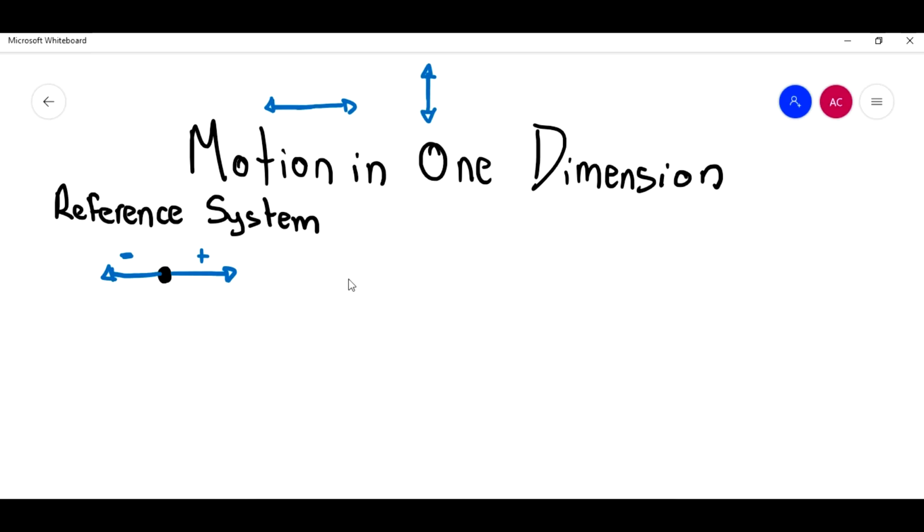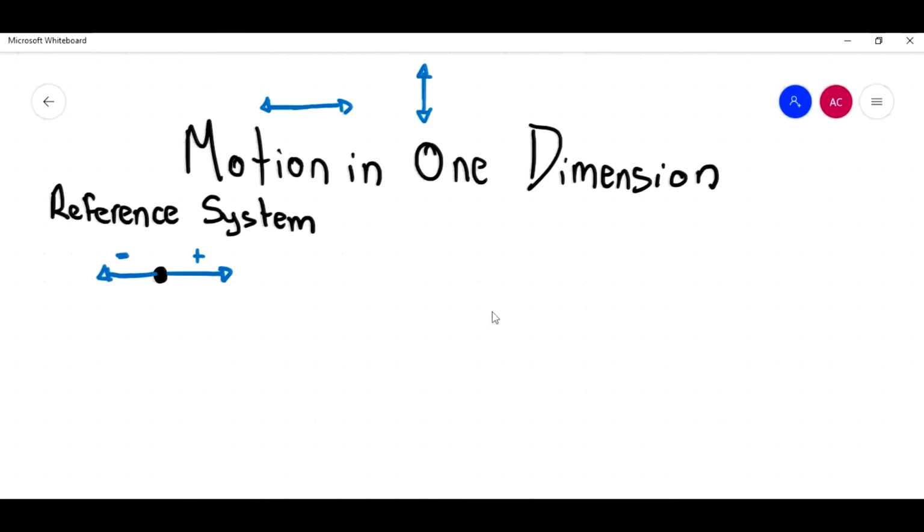So I hope I made myself clear when I'm talking about a reference system. It is something that we use to say, from this point, everything that goes to the right is positive, and everything that goes to the left is going to be negative.